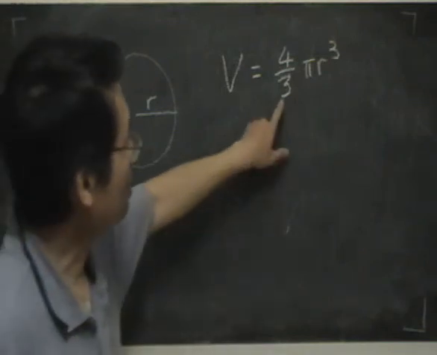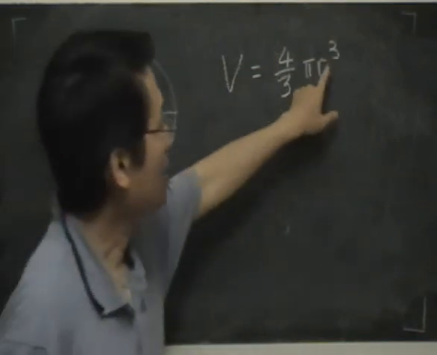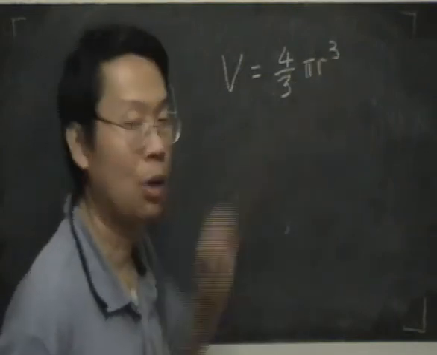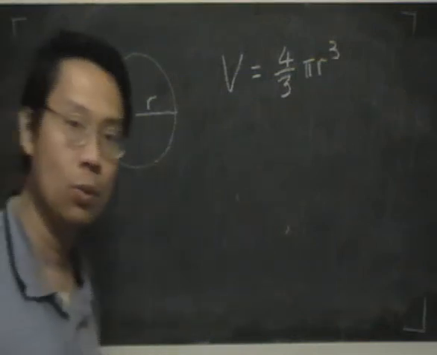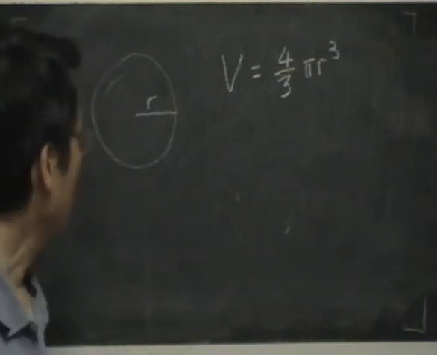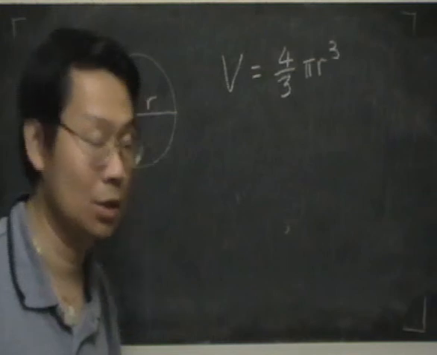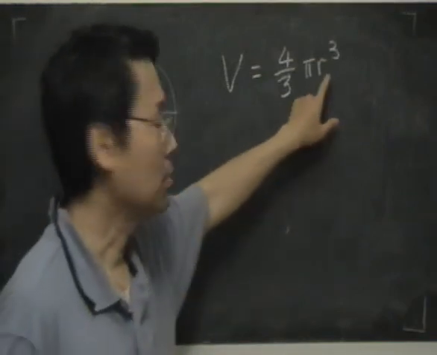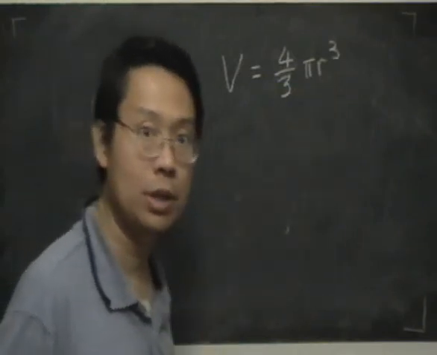You have this factor of 4 over 3 that you need to remember, and the r is cubed. Alright, there is a power of 3. So that's the volume of a sphere. As long as you know what r is, if you know the length of r, it might be 3 centimeters, it might be 5 meters. For example, if you know the number for r, you can just substitute it into this formula and calculate an answer for the volume.